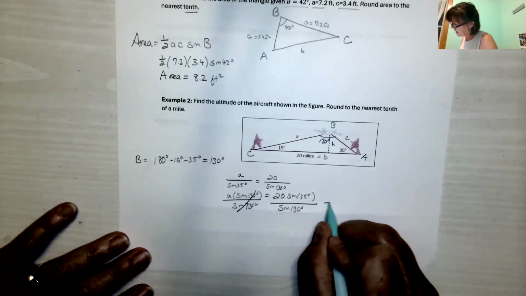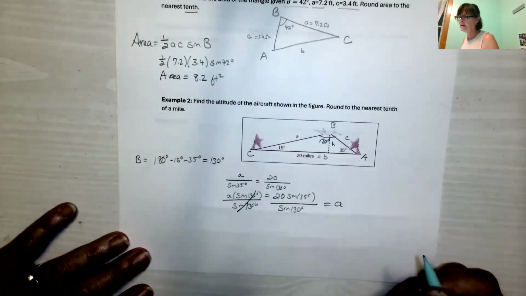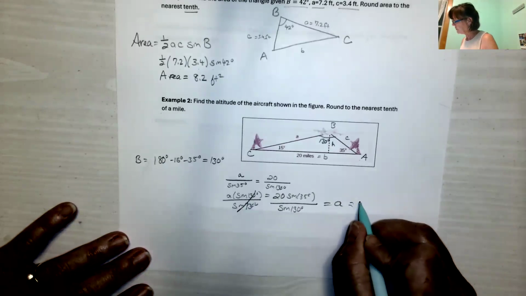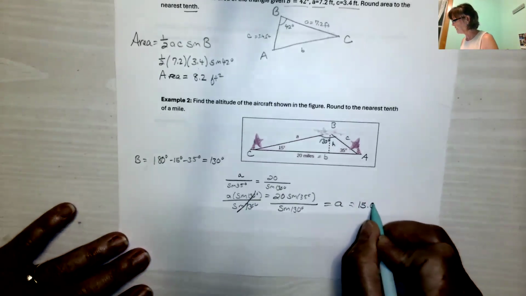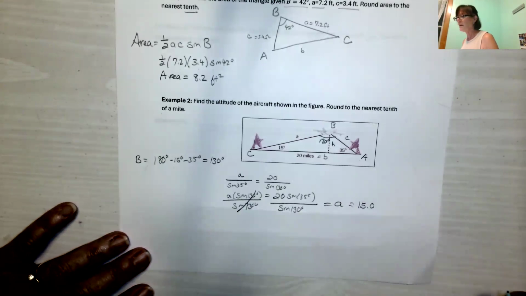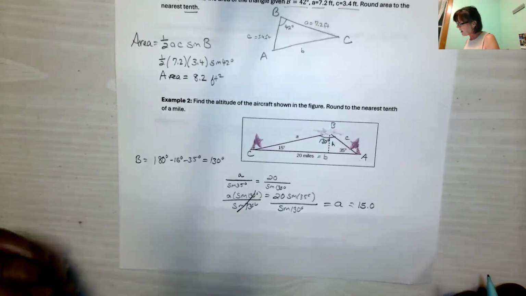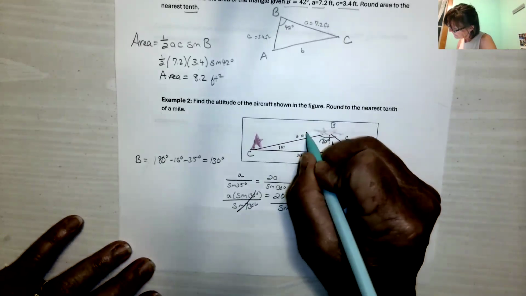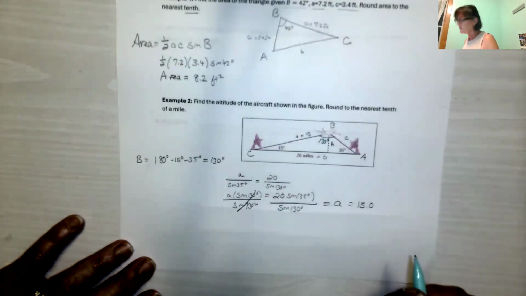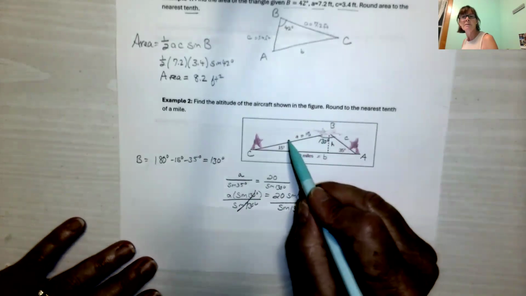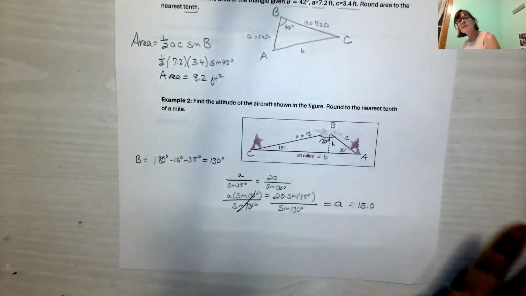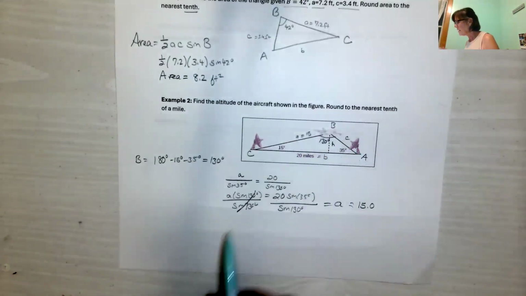And I'll get that A, little a, is equal to 15, to the nearest tenth, 15.0. All right, that's good. Then if I know A, then I'm going to use the triangle on this side because that's what I solved for. If I had solved for C, then I would use the triangle on that side.